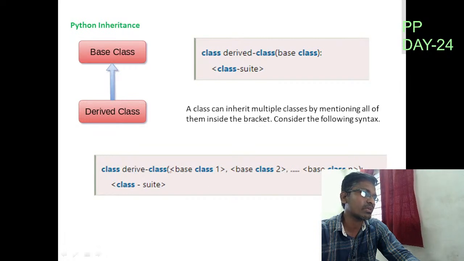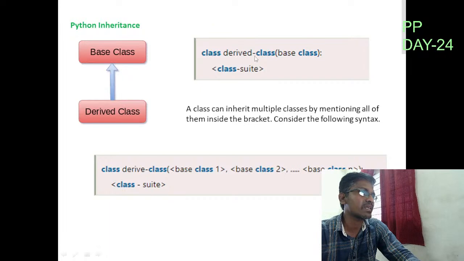That's why I'm writing in brackets base class 1, base class 2, and so on, base class n. So it is possible to derive one new class from existing classes. This is the syntax for writing inheritance.